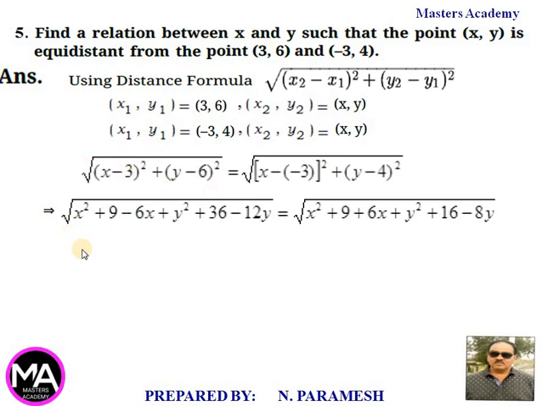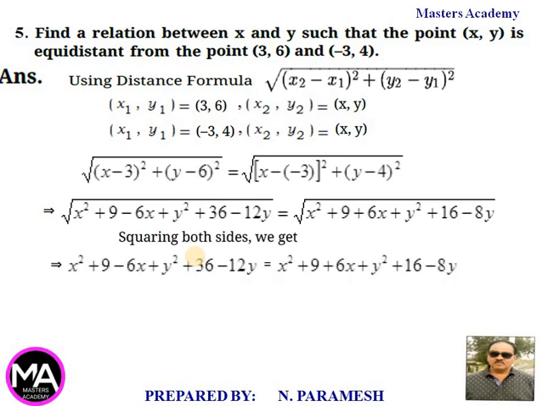Expanding (a - b) whole square, x square plus 3 square is 9 minus 6x, plus y square plus 6 square is 36 minus 12y, is equal to (a + b) whole square, x square plus 9 plus 6x, plus y square plus 16 minus 8y.